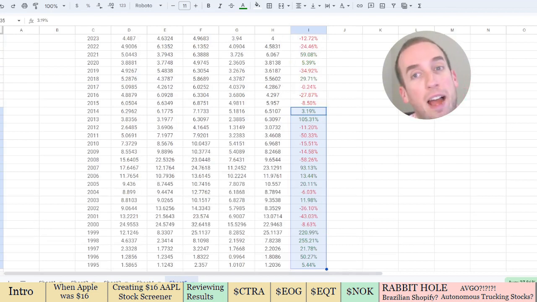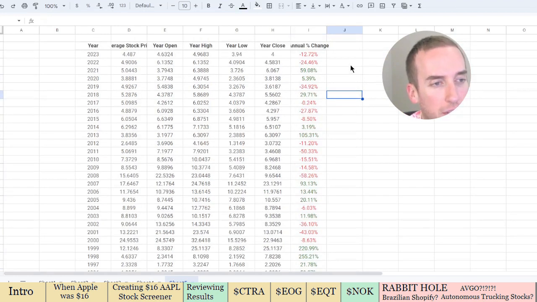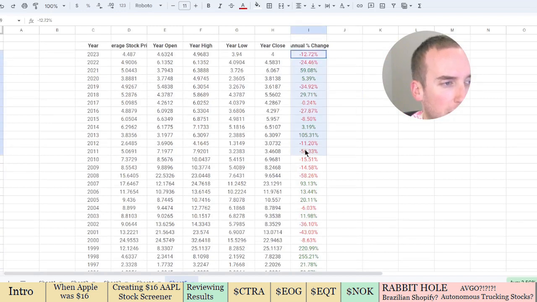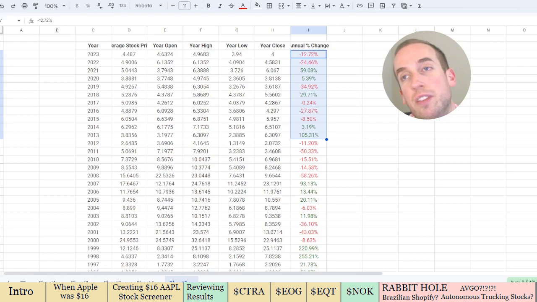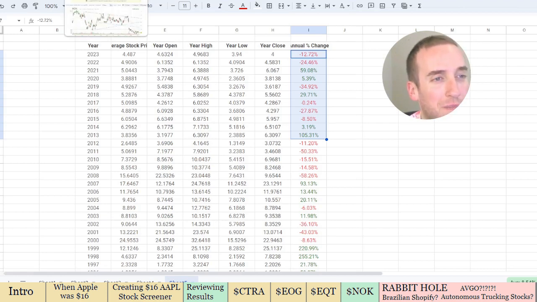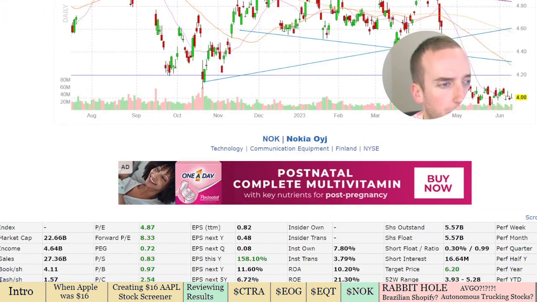That's right up Apple's alleyway, you know? And then we can figure out the last 10 years from here. So 2023 to 2013. Last 10 years was 8.5%. How lame. But it's better than the negative of the couple other stocks. So that's a bummer.